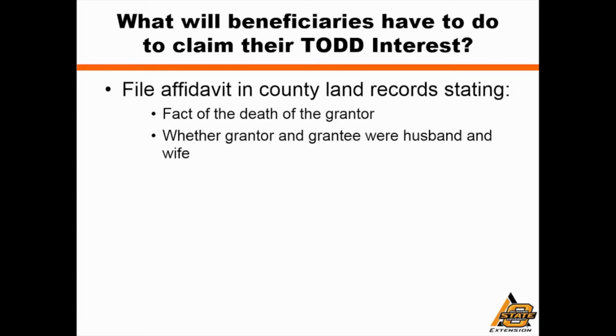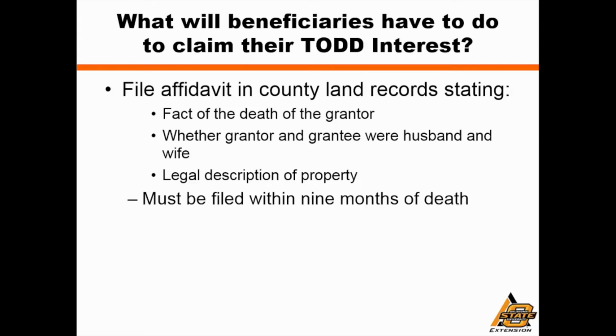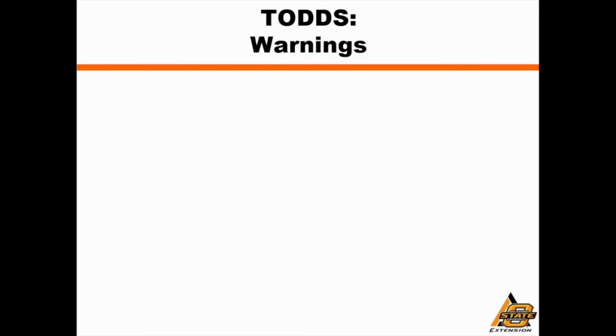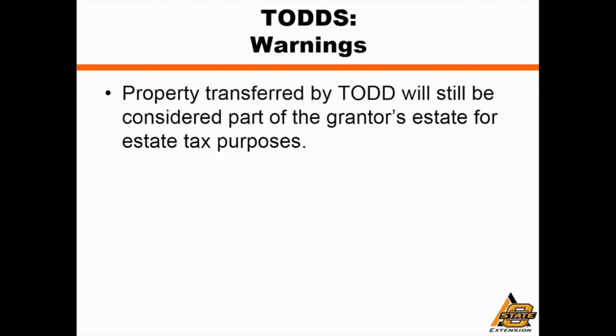Whether the grantor and grantee were husband and wife or not, the legal description of the property has to be filed within 9 months of death. If not, the property reverts back to the estate, and then any estate documents, that being a will or trust, or rules of estate succession where we don't have a will, will act upon it.